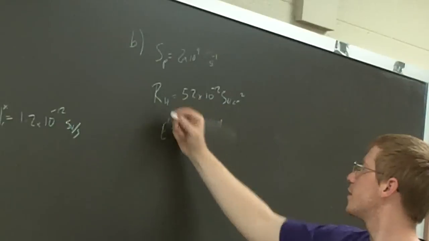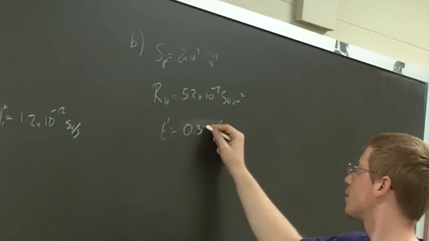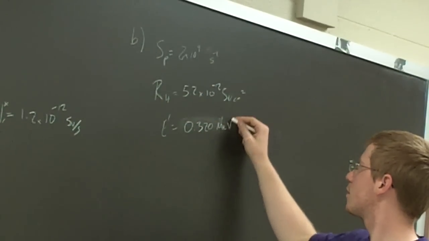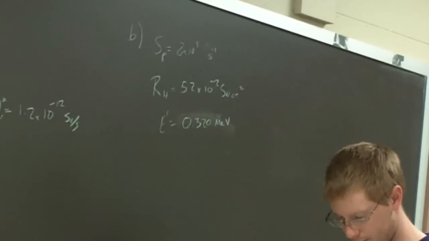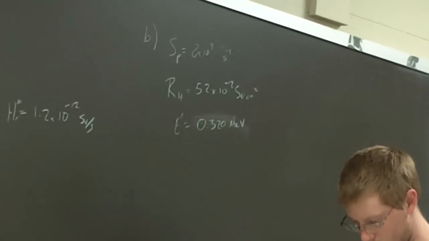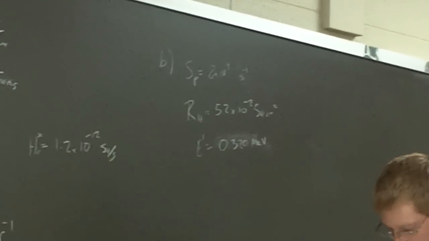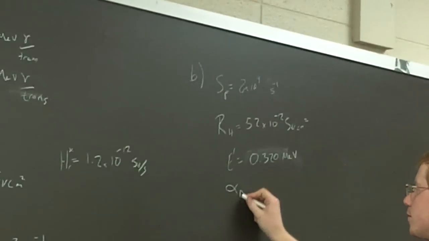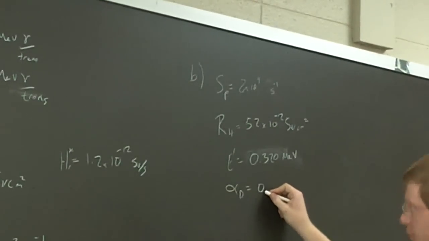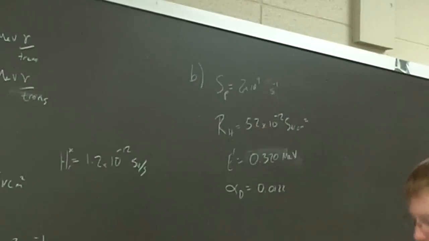Right, that's so you guys can read it. And the albedo is slightly different also. It's a different energy. 0.0122 is the albedo.